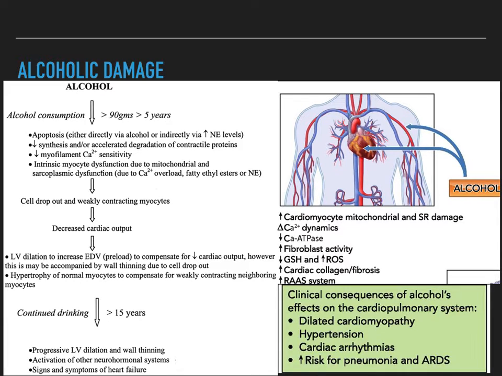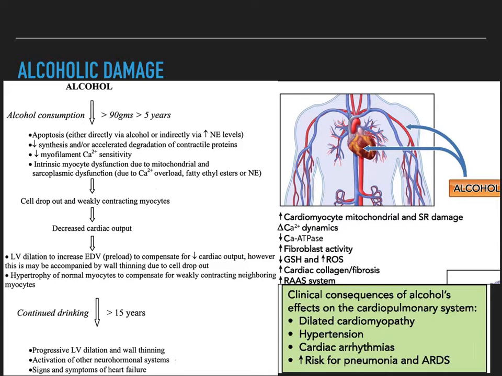But the cells that are left over will have to compensate for the other cells that have died out or been dropped out, and the ventricle is dilated. So those cells that are still there have to compensate, and they become hypertrophic. So the hypertrophy of normal myocytes is there because they have to compensate for the loss of the myocytes.